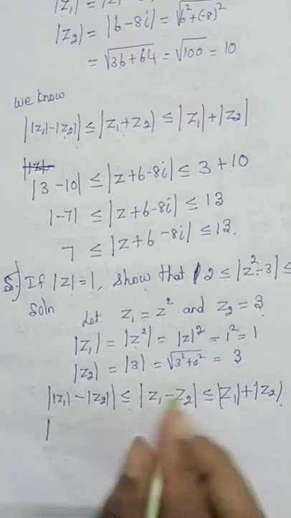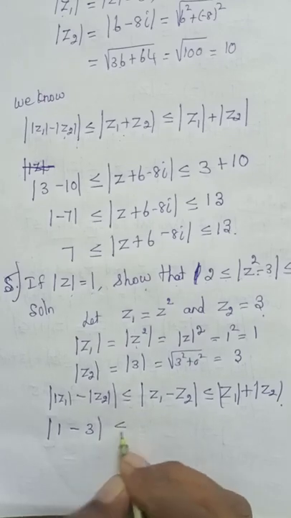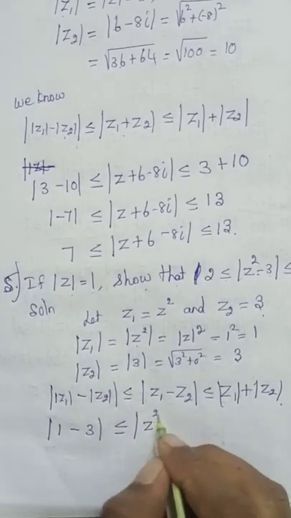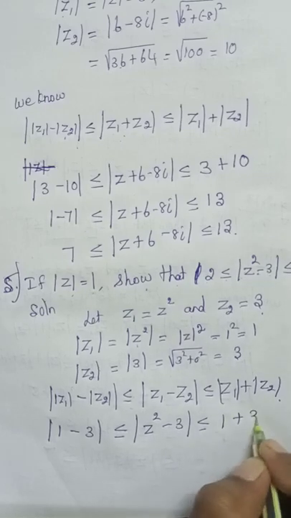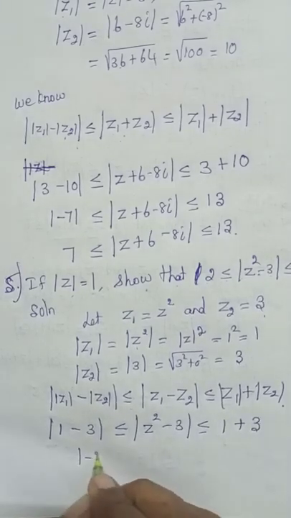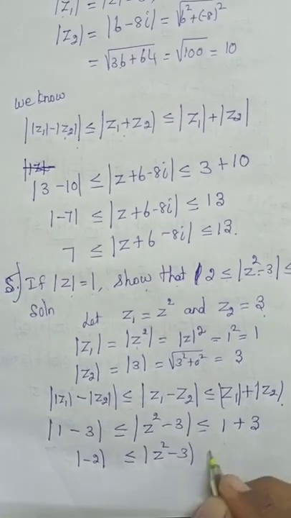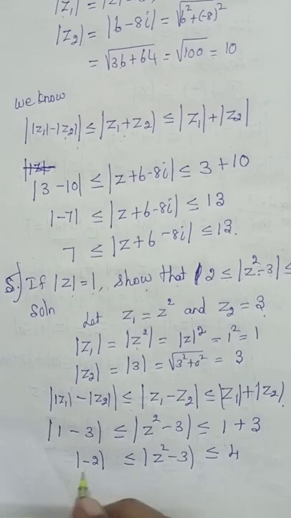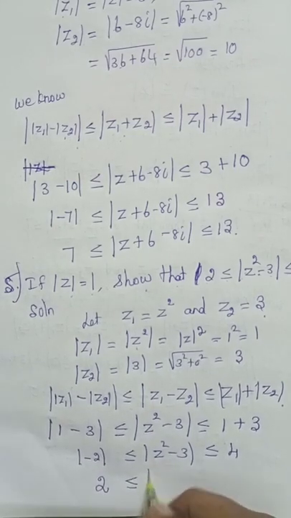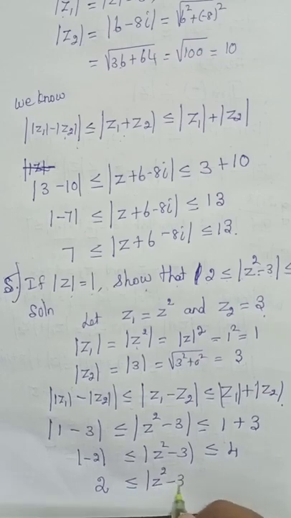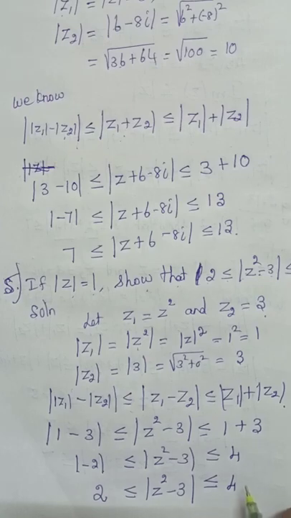Now if we substitute, modulus 1 minus modulus 3, that is modulus of minus 2, less than or equal to modulus z square minus 3, which will be less than or equal to 1 plus 3, that is 4. Now we know that modulus of minus 2 is 2, so 2 is less than or equal to modulus z square minus 3, which will be less than or equal to 4.